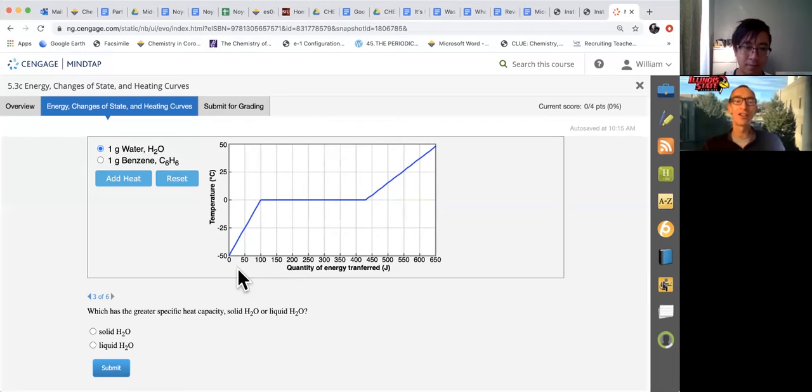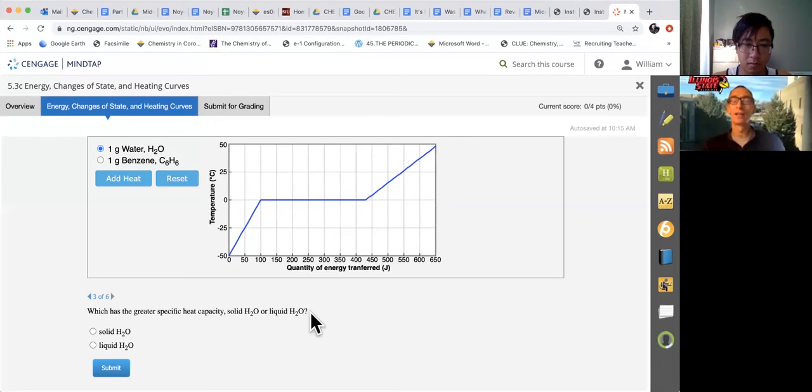What I saw was that going from minus 50 to 0 required 100 joules. But going from 0 to 50 either requires more energy or less energy. So look at this. Here's 100, 200, and 220 joules or so to get the liquid water up to 50 degrees.